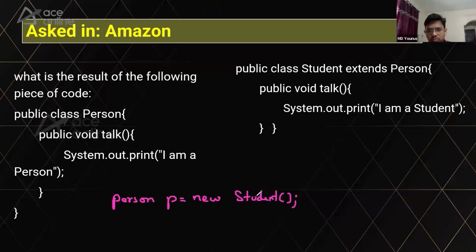Because we never did this before, it looks weird. Is it allowed, first of all? Person p is equal to new Student. Okay, Sarla thinks it's allowed. How is it allowed, Sarla? And what object are you actually making? Everybody thinks it's allowed. Okay.